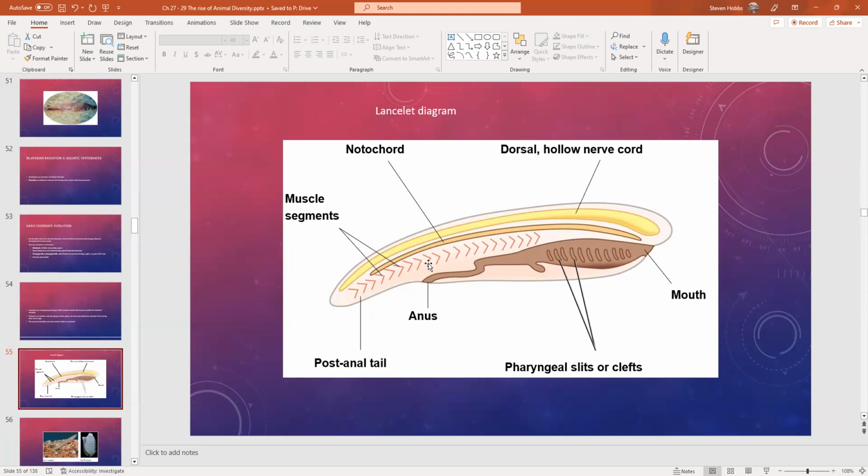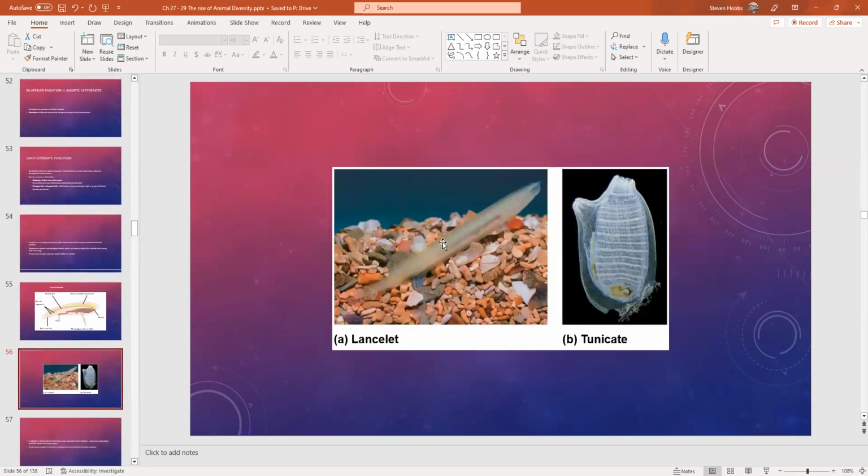That notochord allows those muscles to attach so that they can use those attachment points to create swimming motion. They are motile. They get up and move around. Half the time, however, they work as filter feeders. So they'll pull in the nutrients from the water while stabbing themselves down into the soil. And if they ever get disturbed, they just get up and swim around until they can find some other place.